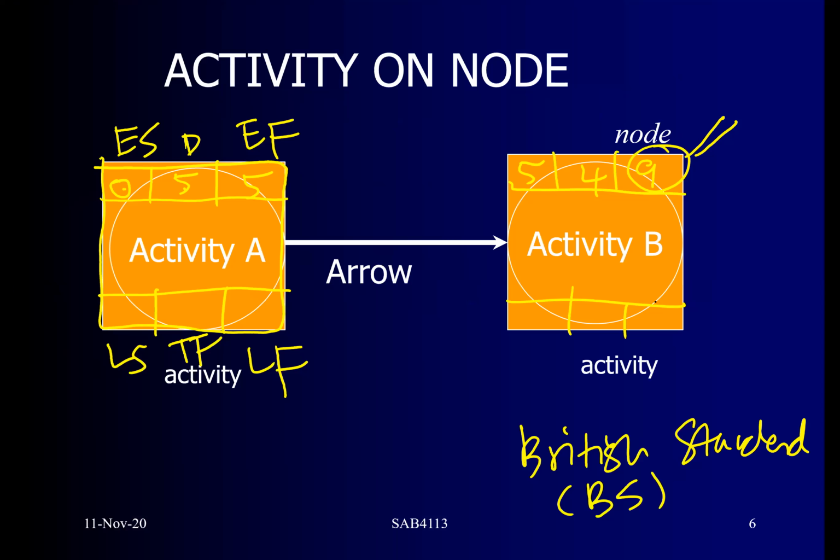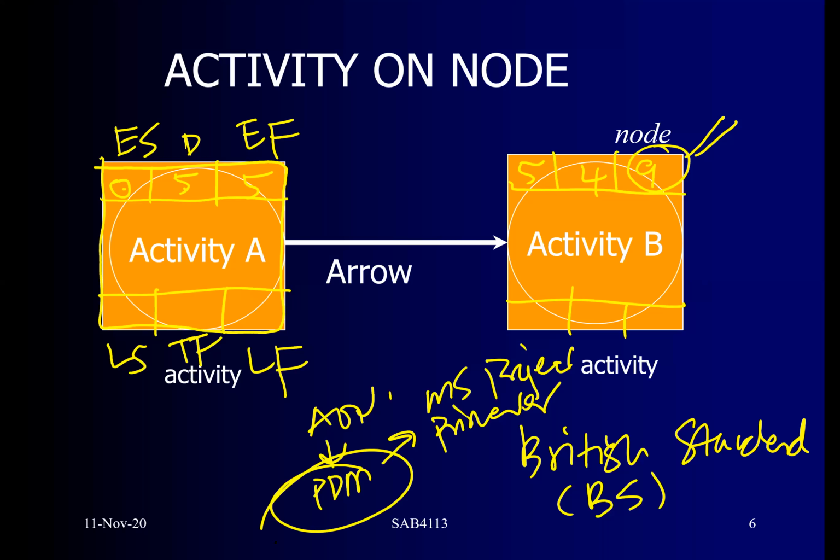But nowadays, this is what we call AON or even later on PDM diagram. PDM diagram is being used in Microsoft Project. So MS Project and Primavera basically use this type of diagram, PDM diagram.